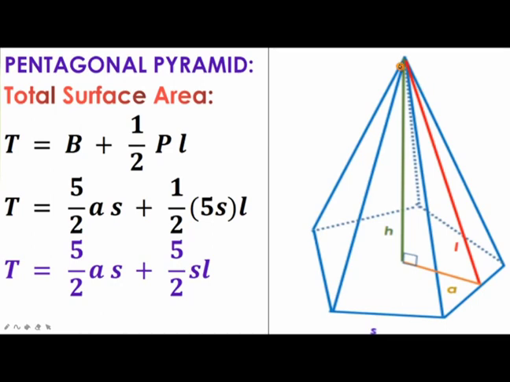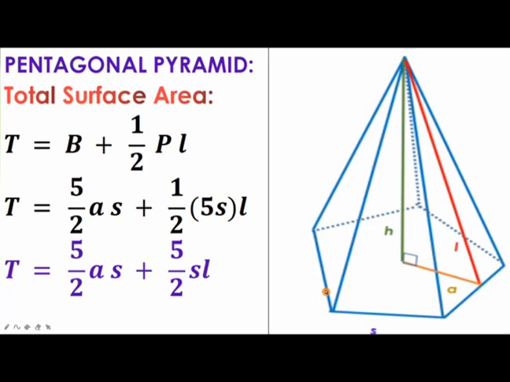Again, in this figure, H is the height of the pyramid, L is the slant height, and S is the length of each side, while A is the apothem. The apothem of a regular polygon is a line segment from the center to the midpoint of one of its sides.